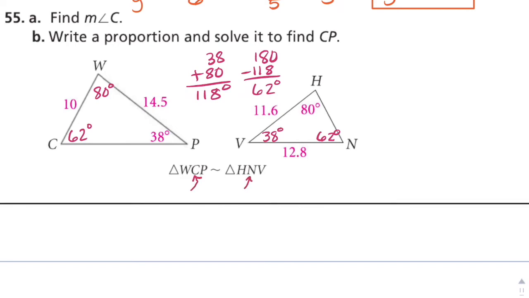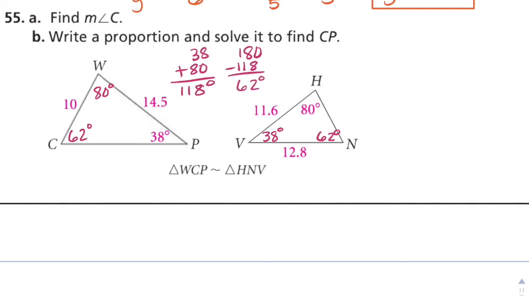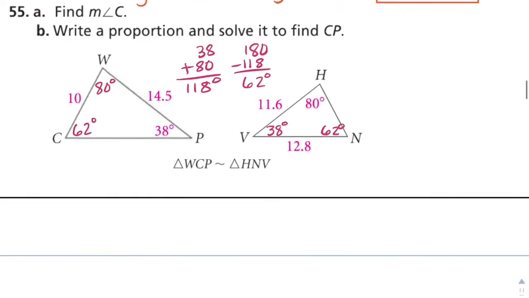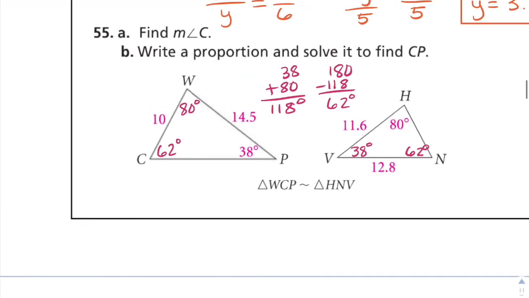C and N have to be congruent. So that's the algebra to determine what the angle measures are for those. Now we can answer the first one. The measure of angle C is 62 degrees.